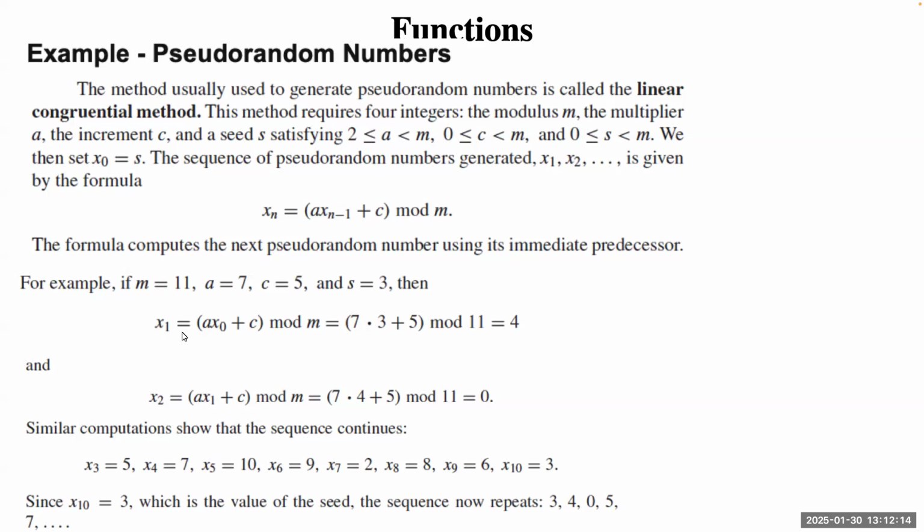So x1 is going to be a x0 plus c mod m, okay, which is equal to 7, because that's our a, times x0, which was 3, so 7 times 3, right? Plus 5. So it's 26 mod 11, which will be 4. So my next random number was 4. Okay.